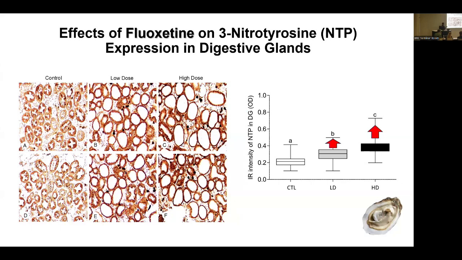In control, there is no expression of nitrotyrosine protein, NTP, in the digestive gland, but in low dose and high dose, as we can see, the dark area is highlighting the expression of NTP protein in oysters because of fluoxetine. And the whisker plot is indicating the significant increase of NTP expression in the oyster's digestive gland.